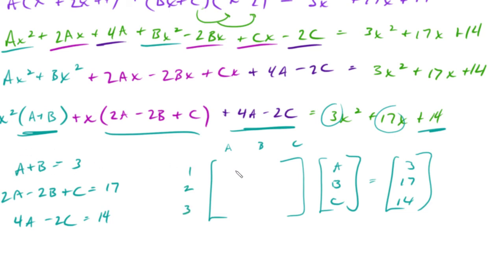So you've got 1a in your first equation, 1b in your first equation, and then 0 c's, because you don't see a c here, right? Then here you've got 2, negative 2, 1. And here you've got 4 a's, 0 b's, and negative 2 c's. Do this on your calculator, and you should get... What should you get here?